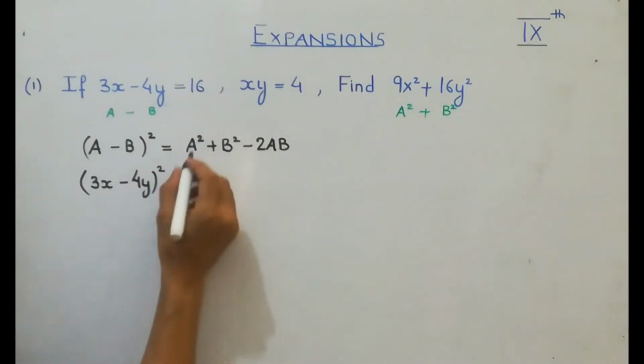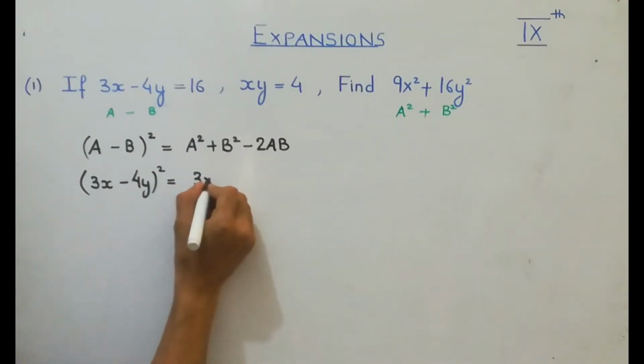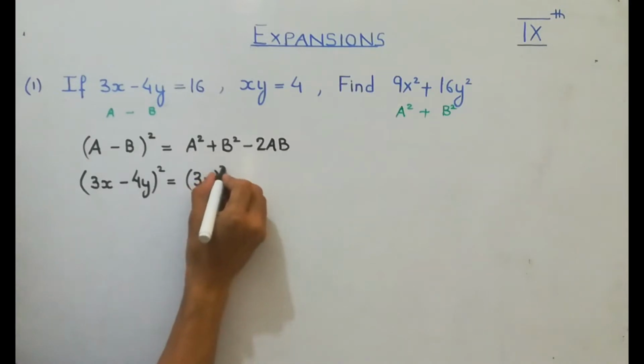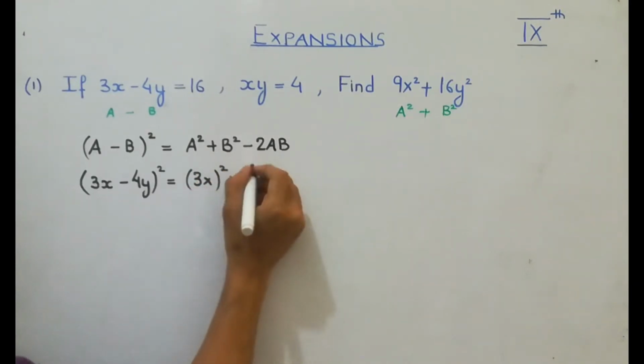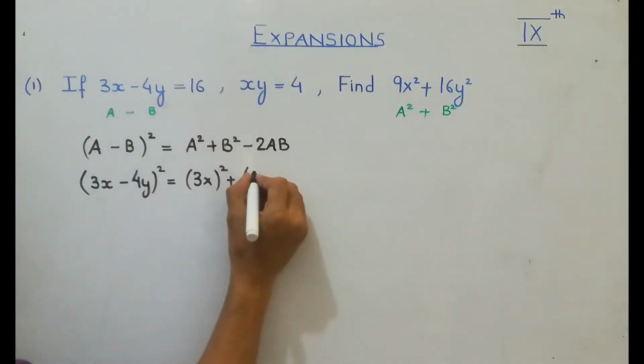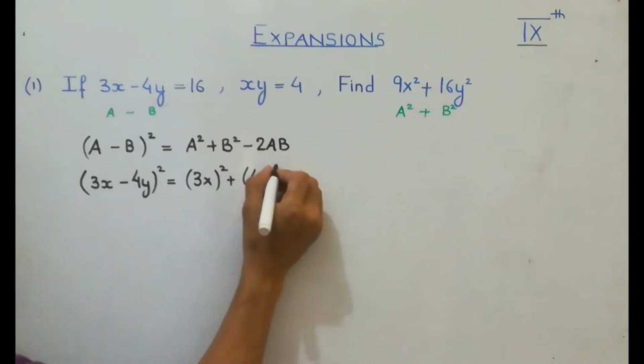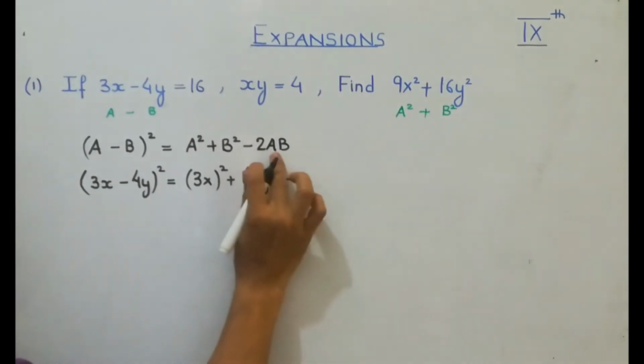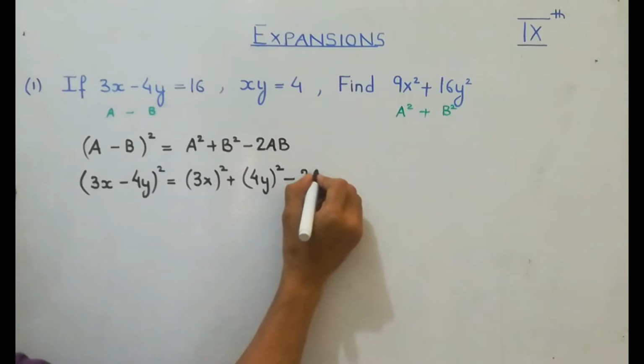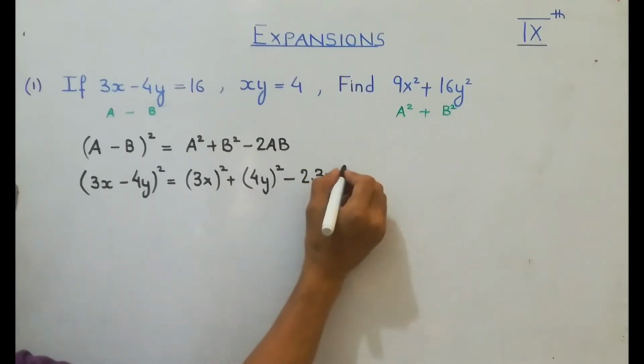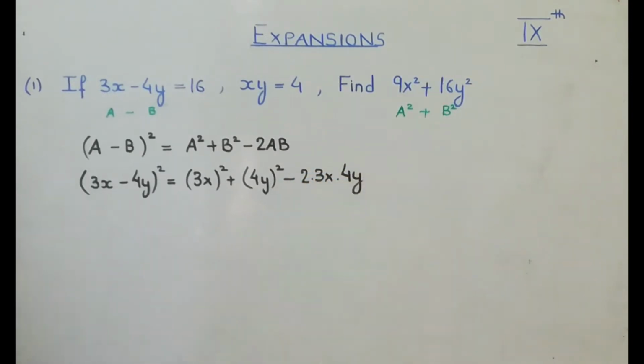Now this is A square, that is A is 3x, plus B square, B is 4y. Then we have minus 2ab. See here, we have replaced A by 3x and B with 4y.